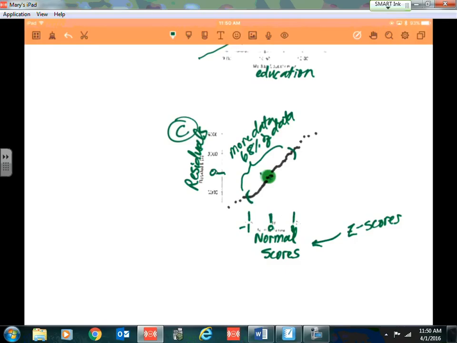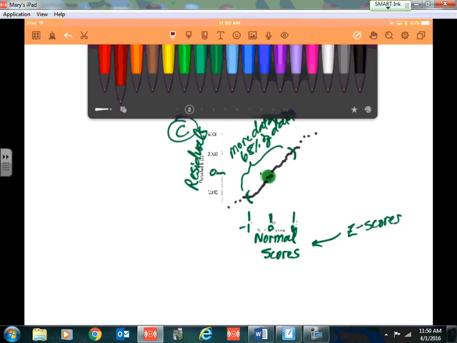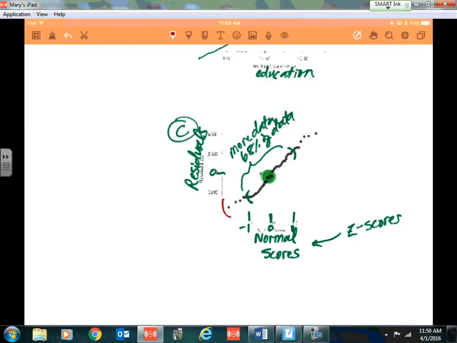And then likewise, you will have out here 2 standard deviations out. Do you see how it gets sparse, with fewer data points, the further away you go from this middle section?